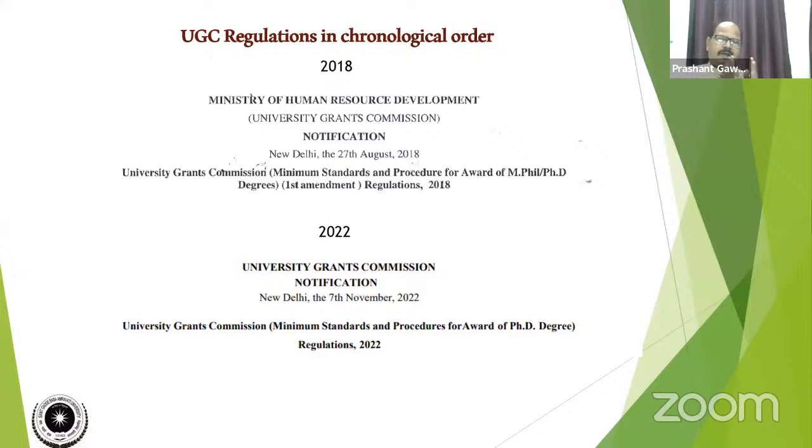Now, gradually they wanted to remove the MPhil component from the PhD. That's why the MPhil degree was removed by the University Grants Commission, and that's why the pattern of the entrance test changed. So during 2022, only one thing is there: whatever entrance tests are conducted by all universities throughout India should be for the sake of admission to the PhD degree only, not to the MPhil degree.